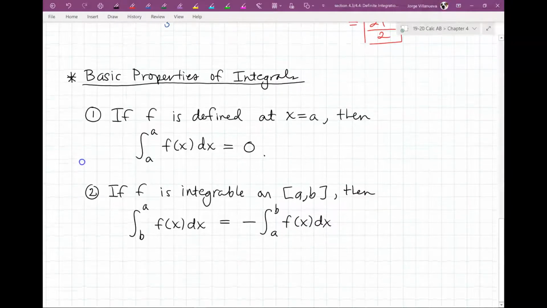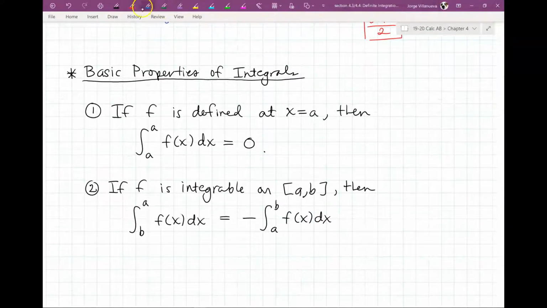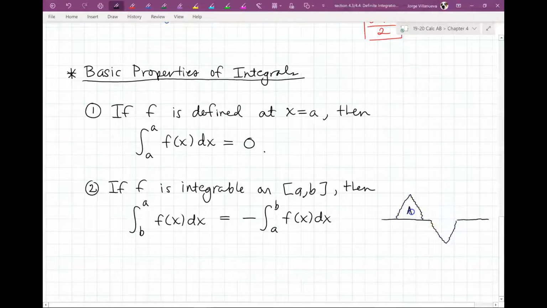Okay? So how the heck do we have negative area? Well, it's like this. If you're at the beach, right? And you decide that you're going to dig a hole. All the sand that you took out is positive area.